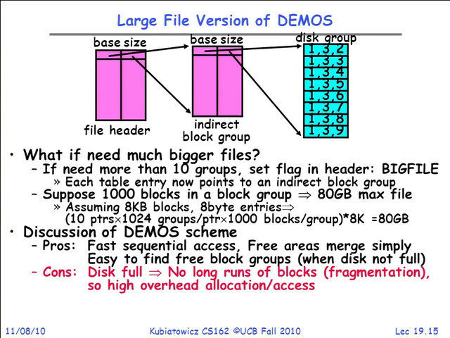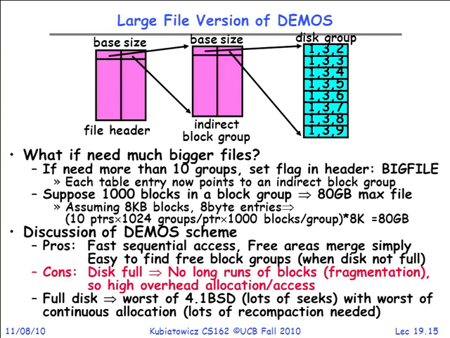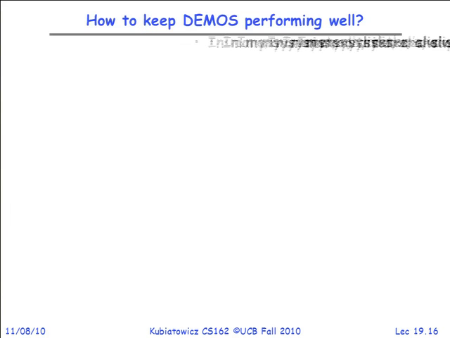So basically, in the case of a full disk, you've got the worst of BSD with lots of seeks and the worst of contiguous allocation, so you have to recompact and so on. And so the answer is you don't let the disk get full. In many systems, you say, well, the disks are always full.